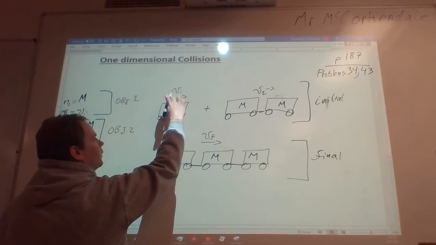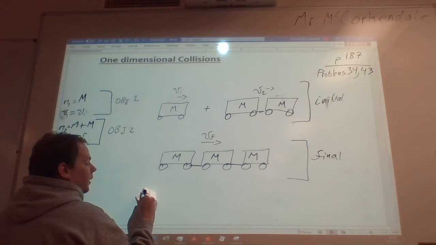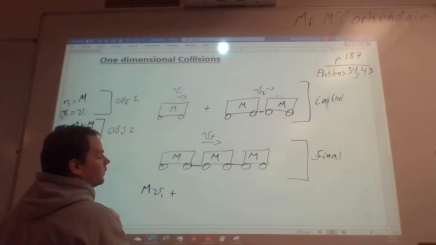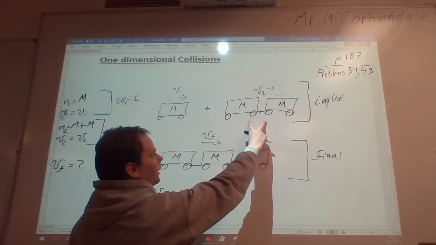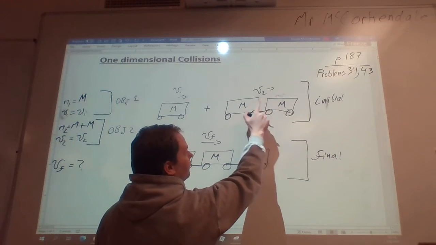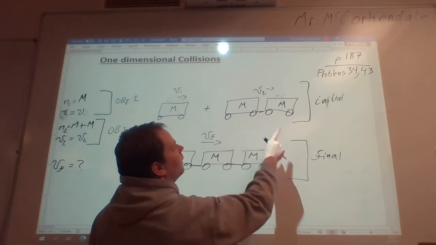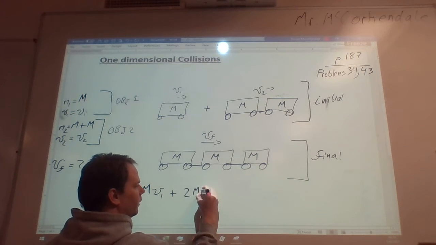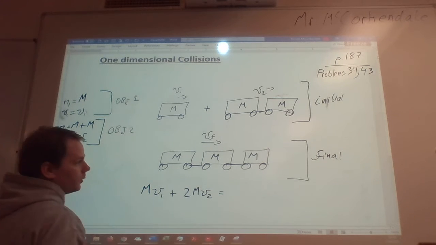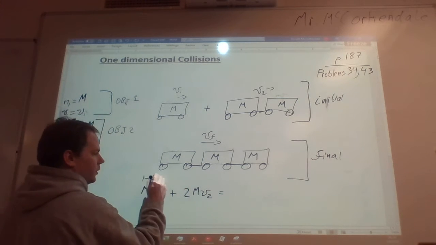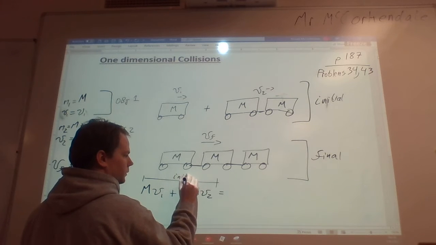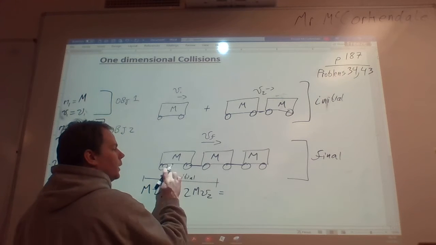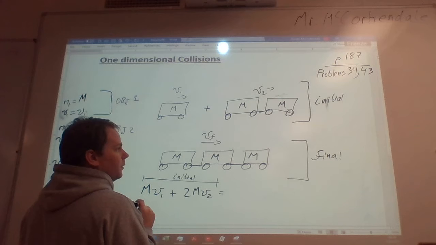So the momentum of the first object, which would be m times v1, plus the momentum of the second object, which would be m plus m, which would be 2m, times v2, is equal to our final momentum, in which all three of them are stuck together.